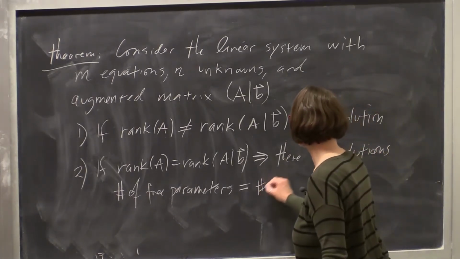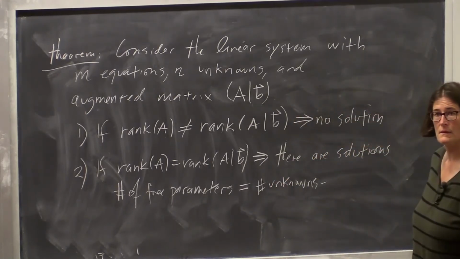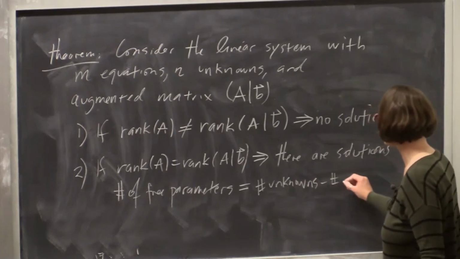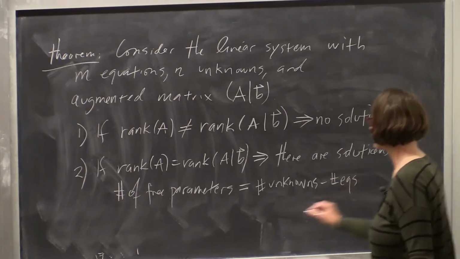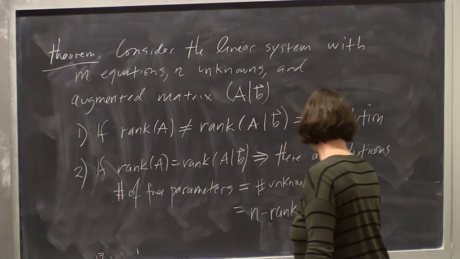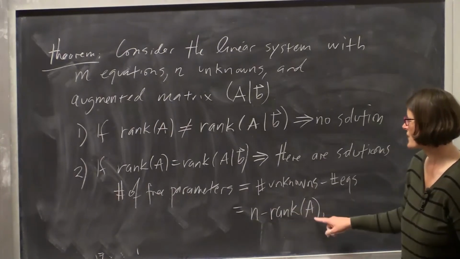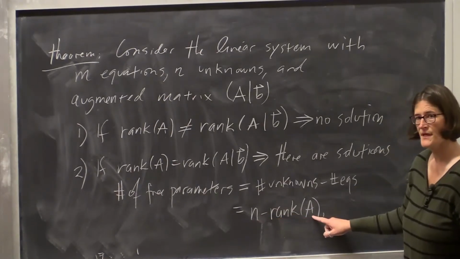Number of unknowns minus number of equations, number of leading ones. That is equal to n minus rank A. Why did I say n minus rank A instead of n minus rank of the augmented matrix?